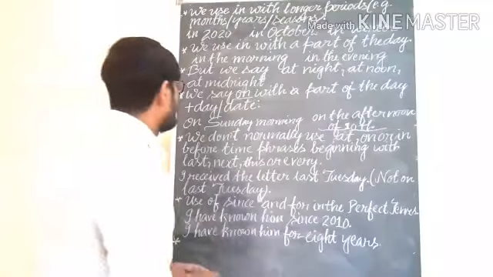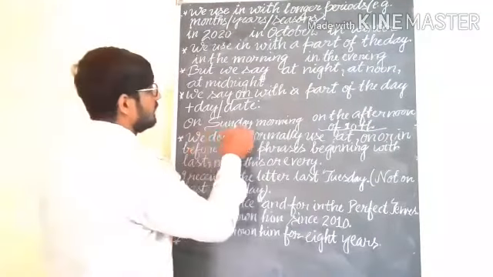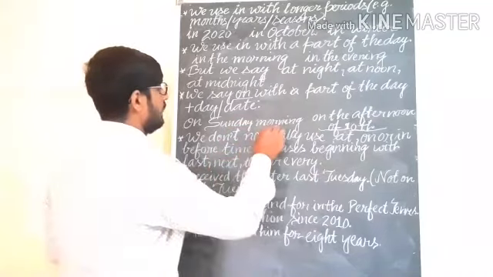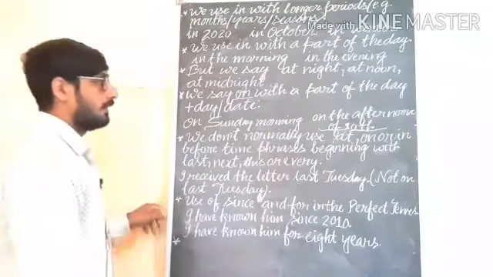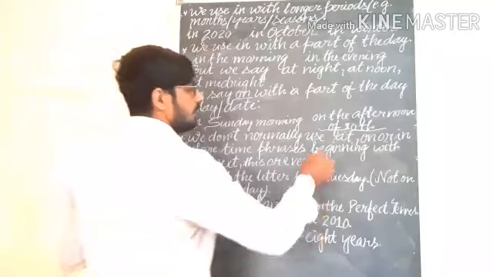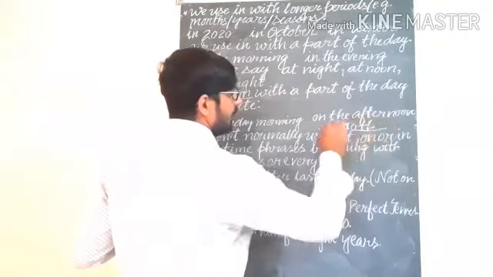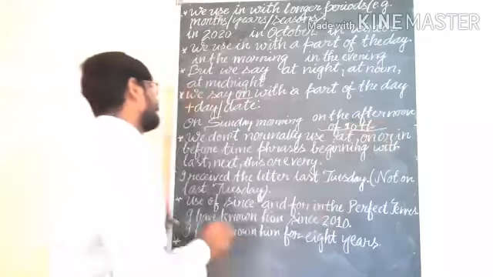Look at the examples: on Sunday morning, here day and part of the day. On the afternoon of 10th, here we are getting part of the day and date.